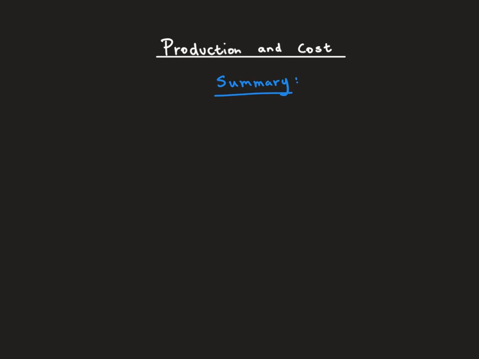So to summarize, we focused on our FOPs, which is factors of production, using our inputs to create outputs. Then we delved into our inputs versus outputs, which took into account our cost versus our revenue or profit.